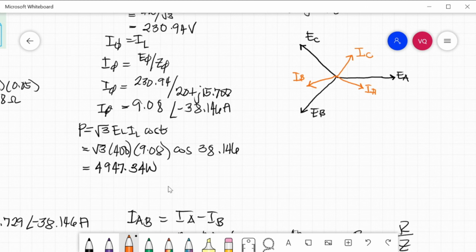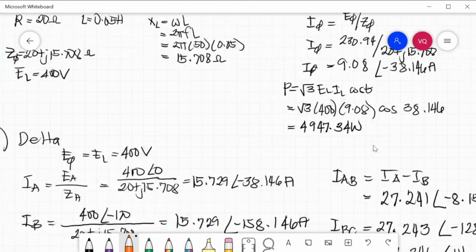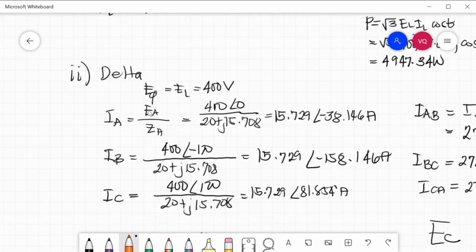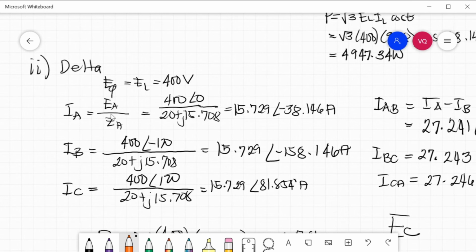Next, we will go to the delta connection. In delta, our phase voltage is equal to line voltage, equal to 400 volts. For phase A, we have EA divided by ZA. So 400 angle 0 divided by the impedance equals 15.729 angle negative 38.146 amperes.